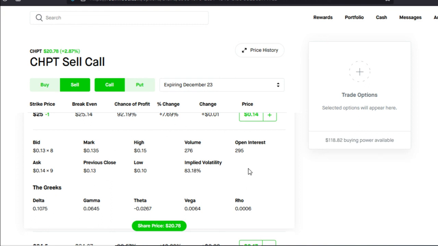So as an option trader, there's 3 criteria you also look for inside of the Greeks. Criteria number 1 would be the volume to open interest. Criteria number 2 is going to be the implied volatility. And criteria number 3 is going to be the delta. Now, if you're able to master the Greeks, trust me when I say you will become an options master.